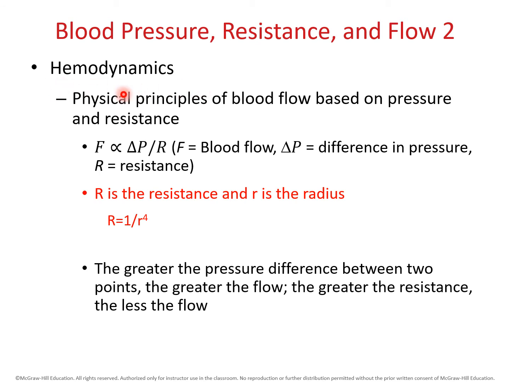Now, hemodynamics is most influenced by pressure and resistance, okay? And pressure and resistance are most affected by blood vessel radius or diameter. So basically, the diameter or the opening of the blood vessel will tell us the flow of blood, okay?